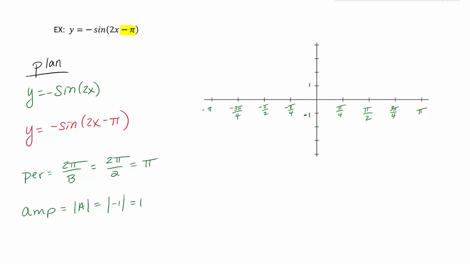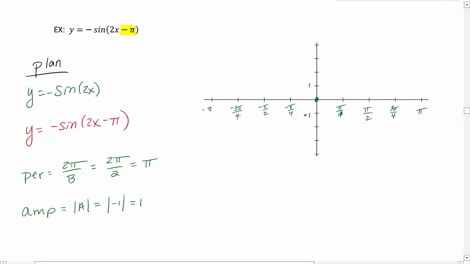Sine always starts at 0. We go up if our A value is positive, and we go down if our A value is negative. And recall from graph by transformation, multiplication by a negative out in front is a vertical reflection. So instead of sine, which typically goes up first, it's going to reflect vertically, which causes it to go down first. So that's why if it's negative, we're going to go down.